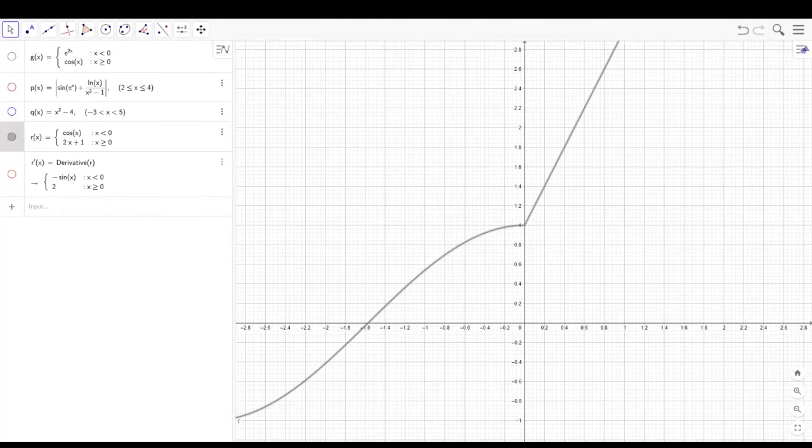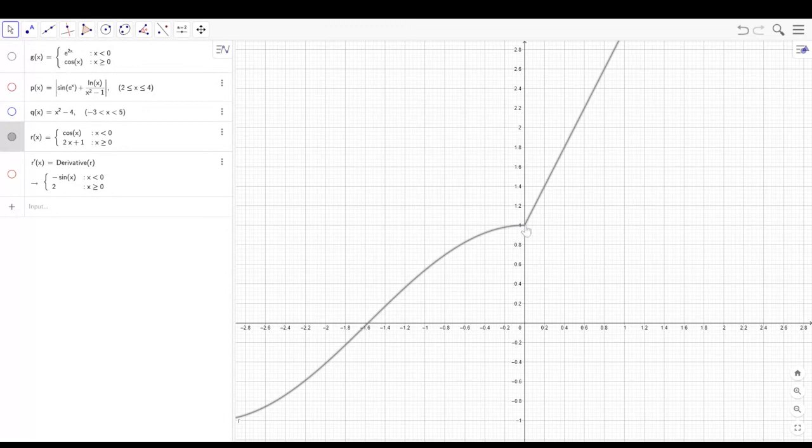It's definitely continuous. I think the group has spoken. It's definitely continuous because I can draw that part of the curve, and without taking my pen off the paper, I can draw that part of the curve. So it's definitely continuous, right? Second part: is it differentiable at x equals 0? Is it smooth?